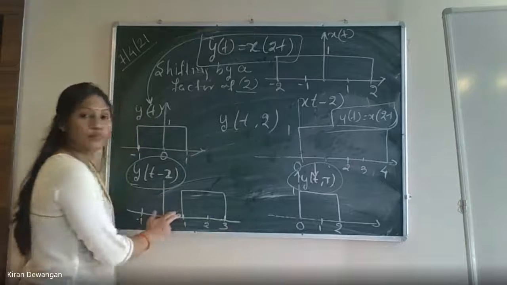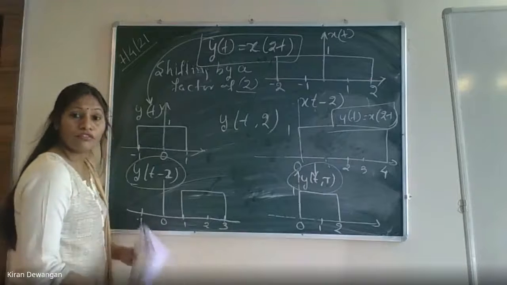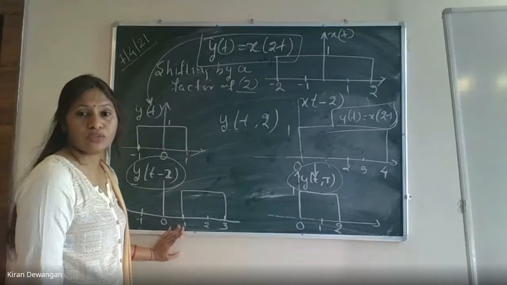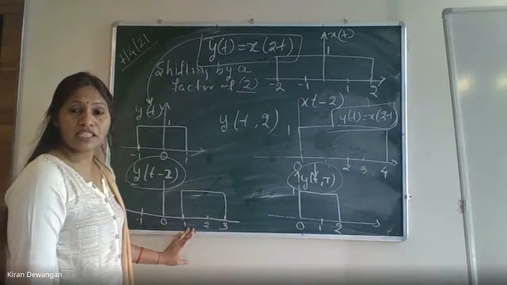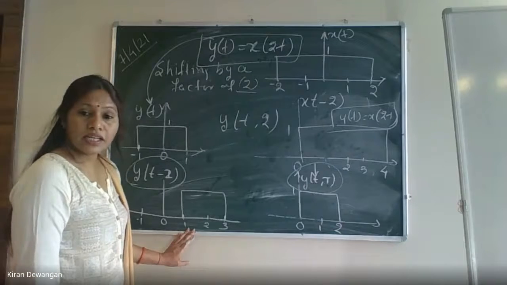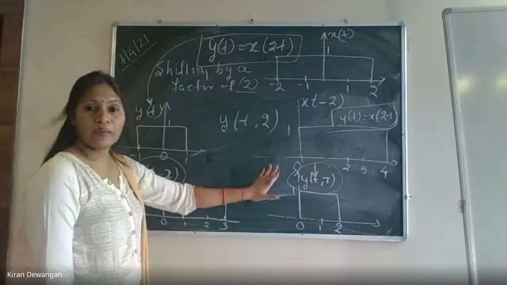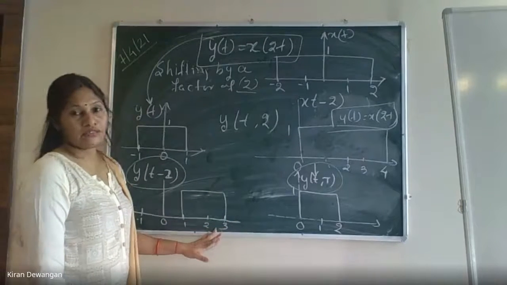Now, since these two plots are not coming same, we can say that it's a time variant system. Clear now? Clear है कि नहीं? अभी जल्दी से बताओ मुझे. Yes, is this part clear, everyone? It's a time variant system. This is how we prove it graphically that it's a time variant or invariant system.